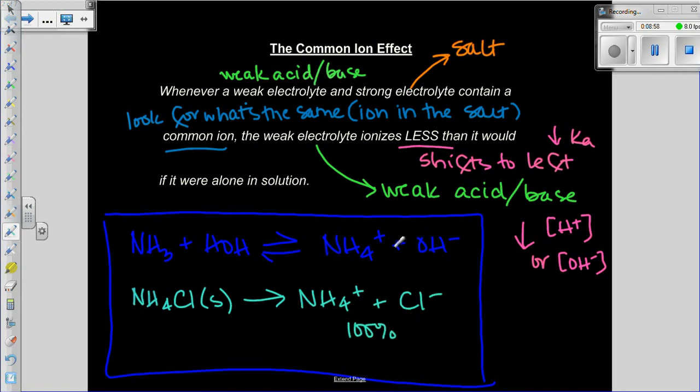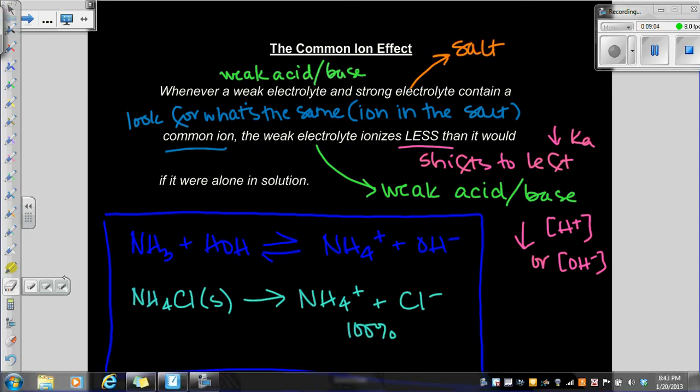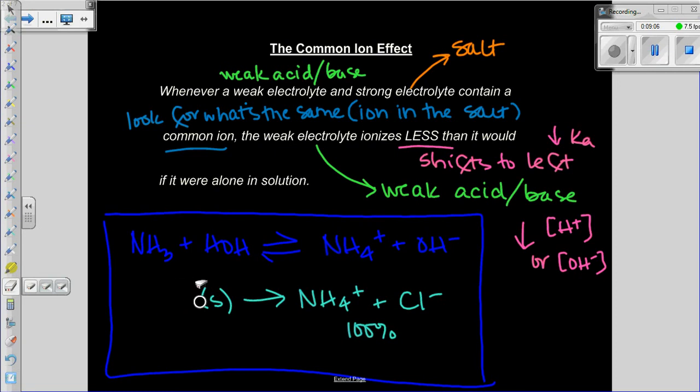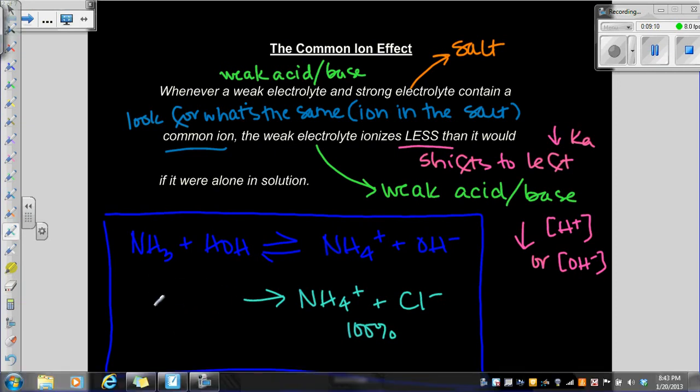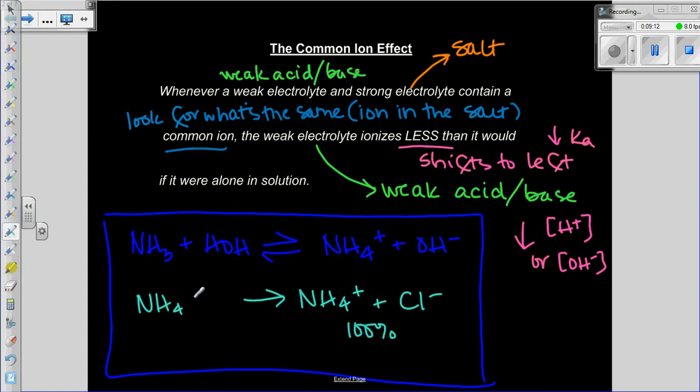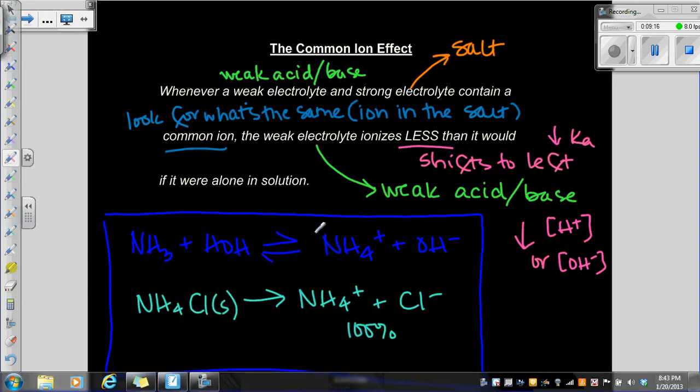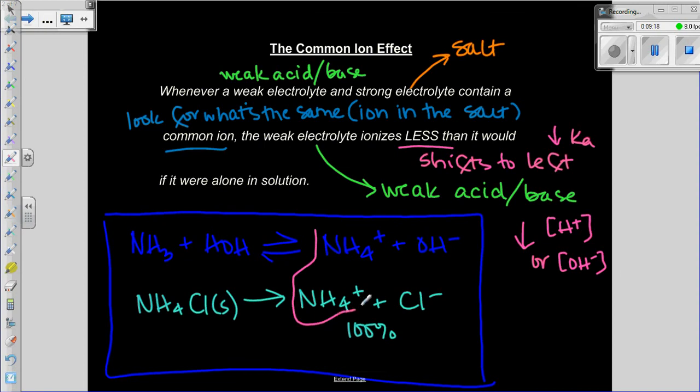If I take a look at these two, all this stuff is combined together in my beaker. And really, because this is a soluble salt, as long as it's not saturated, it's not going to be there. But I'm going to go ahead and put it back. If I look, the ion that is common to or present in both of those reactions is the ammonium ion.